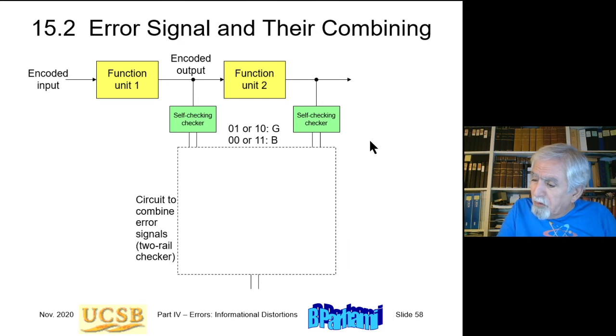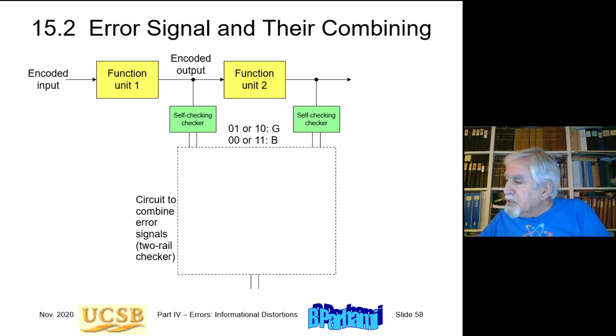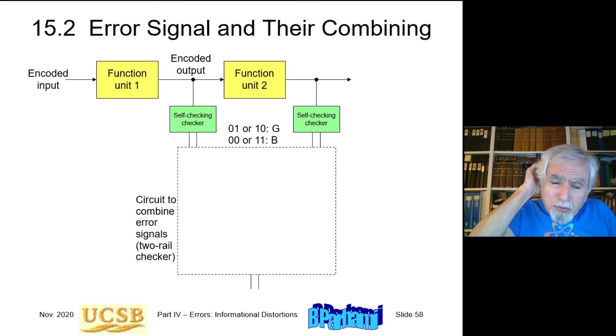Why do we need two output lines? We need two output lines because if we have just one output line, and that output line happens to be stuck at 0, and let's say 0 tells us that everything is okay, if that output line is stuck at 0, then it will never detect anything.